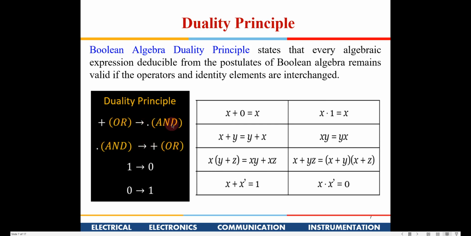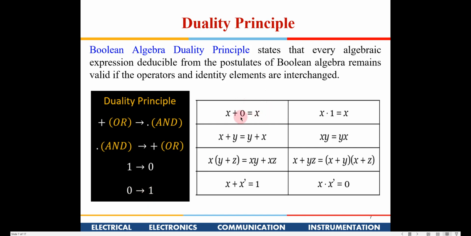The only thing is, when you are changing that, if there is a 1, you need to change it to 0, and if there is a 0, you need to change it to 1. So all the ORs should be replaced by AND, all the ANDs should be replaced with OR, all the 1s should be replaced with 0, and all the 0s should be replaced with 1. So you get one more expression, and even that will be true.